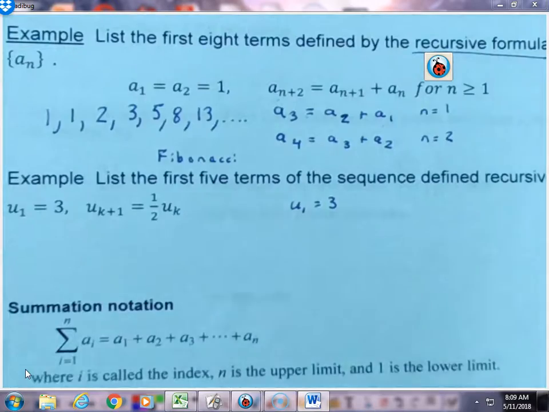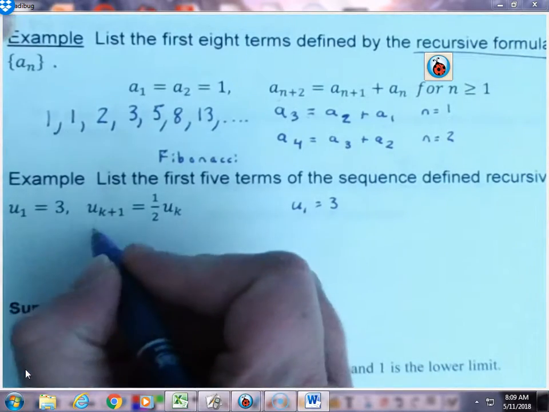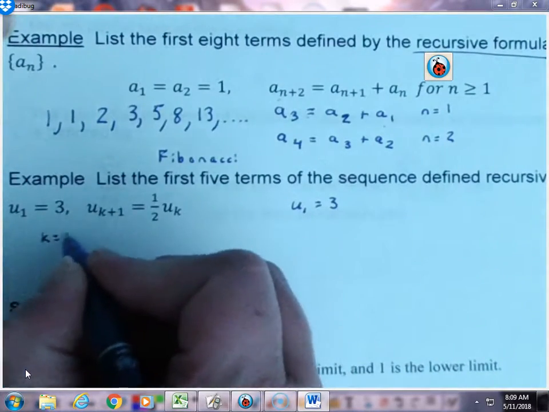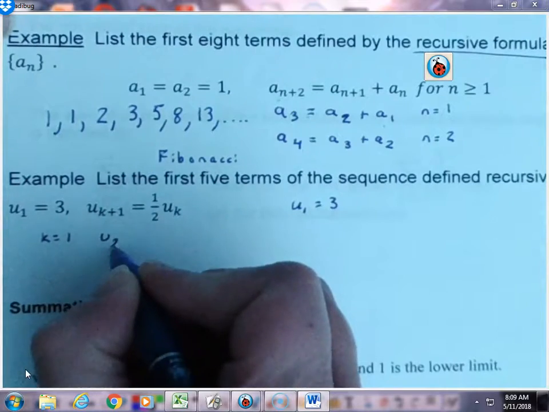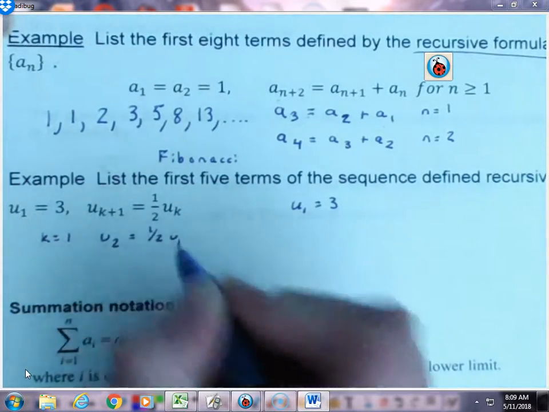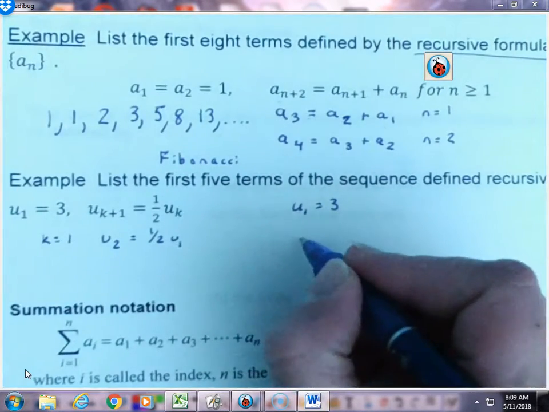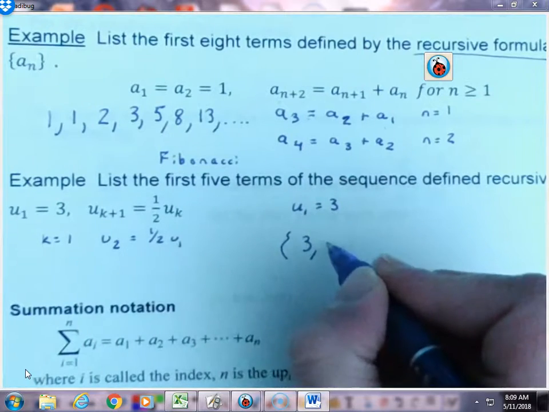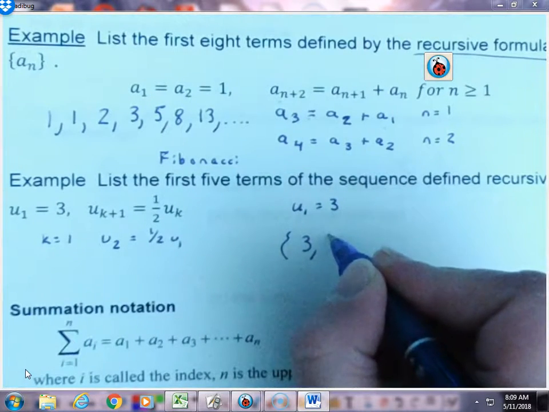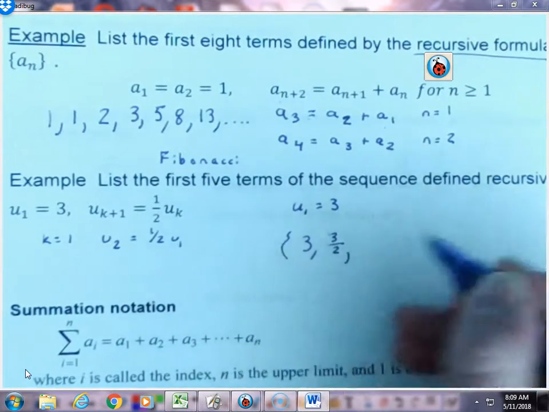Now if you don't like that, you can put in 1. So if you put in k is 1, that would say u sub 2 is half of u sub 1. And you could keep substituting in, but it's going to keep doing that pattern. Just take half of the term before. So, first term's 3, what would be next? Oh, I want to do fractions.